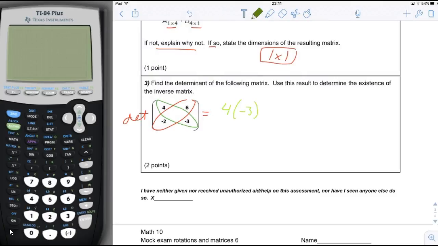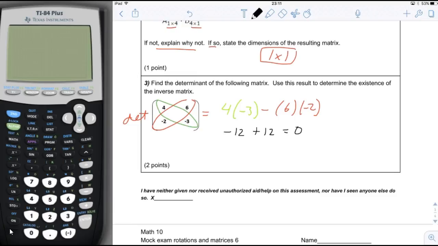Then we're going to subtract the red ones, which is 6 times negative 2. Simplifying that, it's negative 12 minus 6 times negative 2, which is negative 12. So it's plus 12. And my determinant in this case is 0.